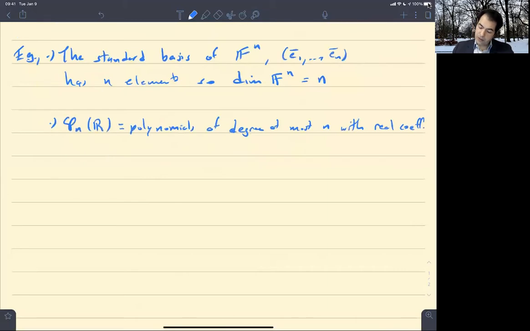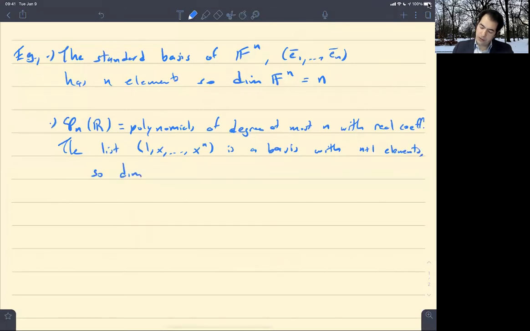This has a basis: the list 1, x, up to x to the n is a basis with n plus 1 elements.